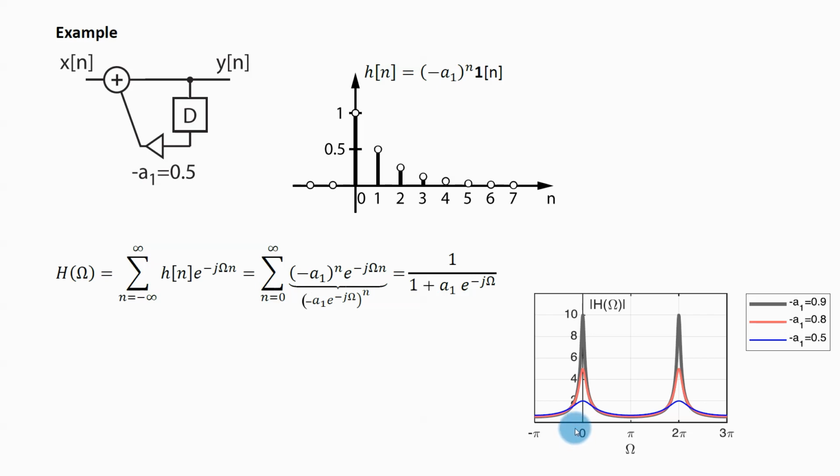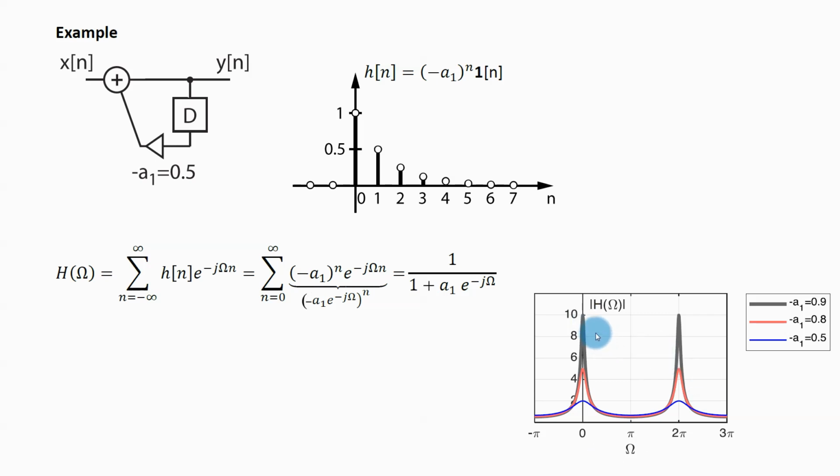You can see that it is a sort of a low-pass filter because those low frequencies are amplified more than the high frequencies. In this plot, I have also plotted frequency responses for different values of the coefficient A1. You can see that for higher values of coefficient A1, I get steeper and steeper low pass that more and more amplifies low frequencies.